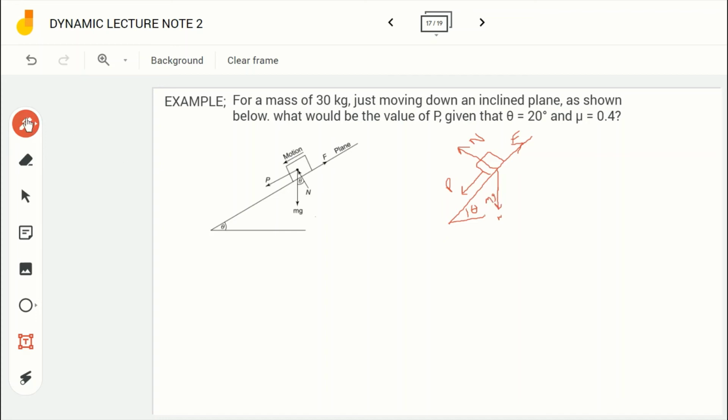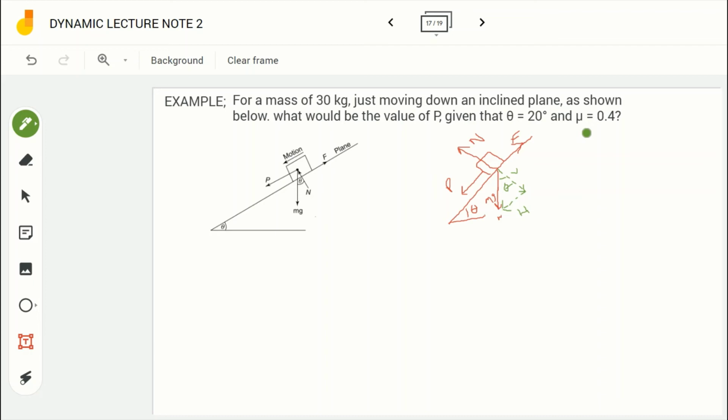All right, so because it's inclined, I have to resolve it into 2 components. Don't forget that, please. Yes, my V vertical, and I resolve it to the horizontal. Very important. Here's my horizontal. And don't forget that this angle is theta, the same as the angle given. My angle is 20.